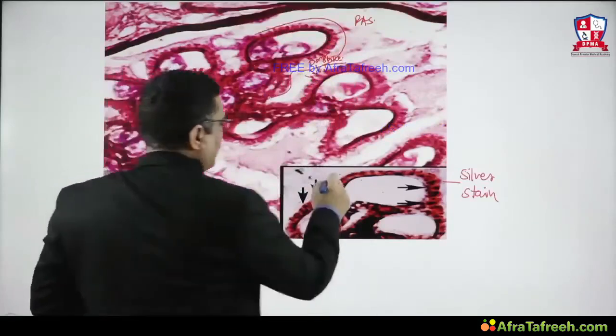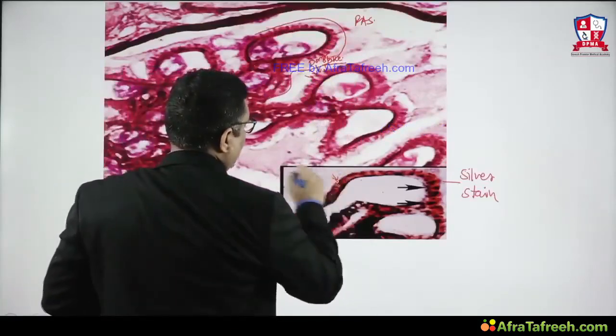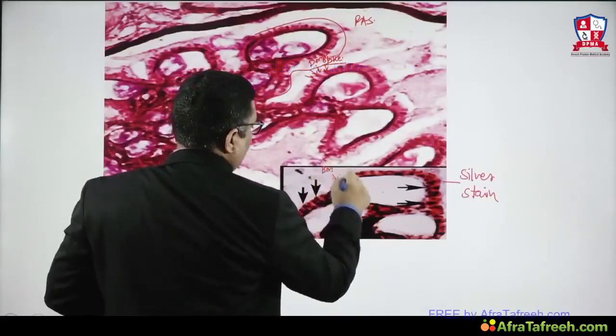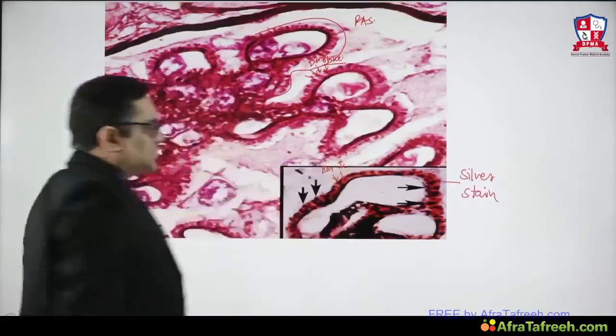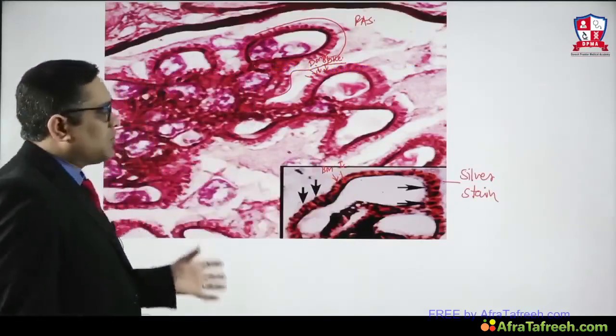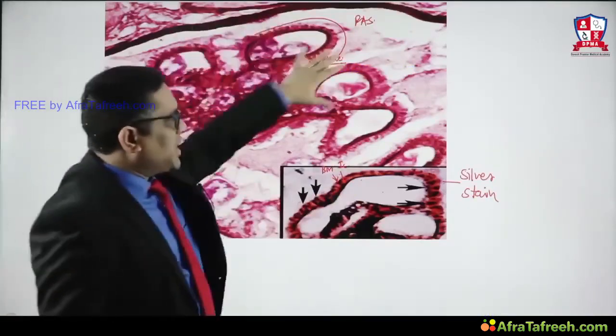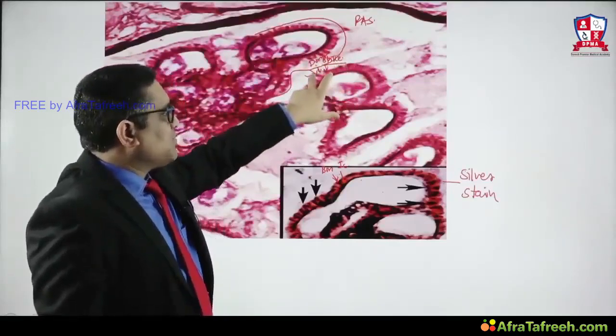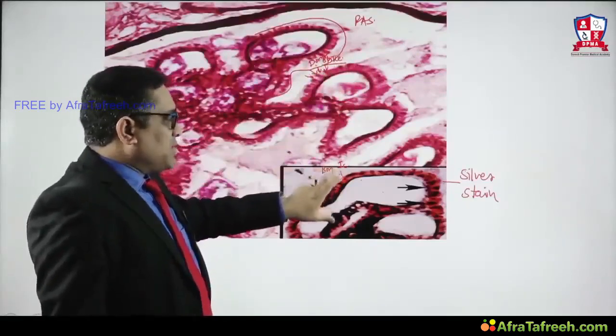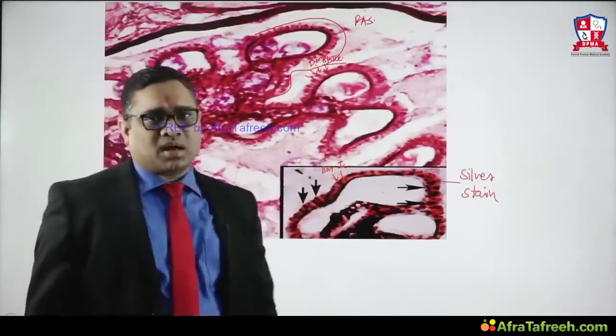Same way here you can see the dark black color is the basement membrane, and the red area is the immune complexes. So this is the silver stain. So spike and dome is best visualized on light microscopy with PAS stain, where basement membrane looks deep red, and on silver stain where basement membrane looks darker or blackish.